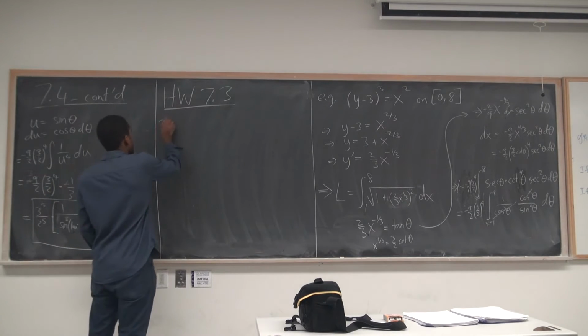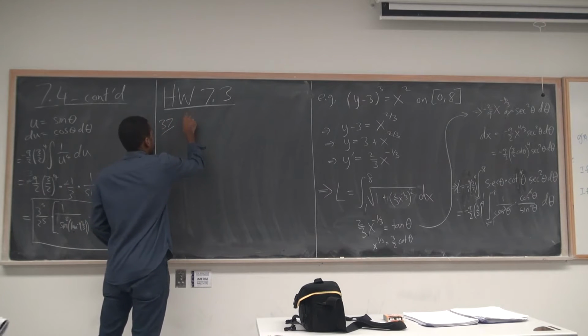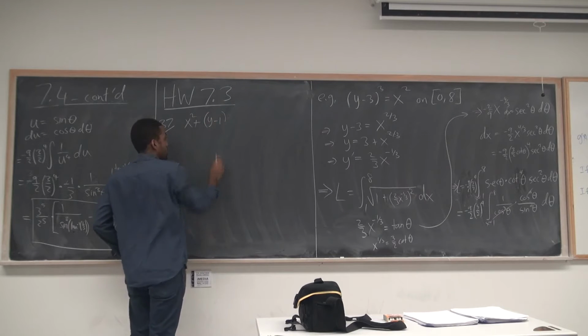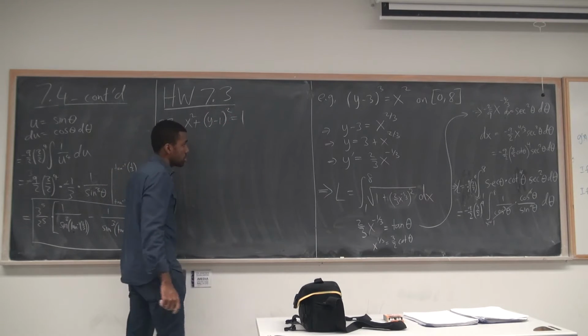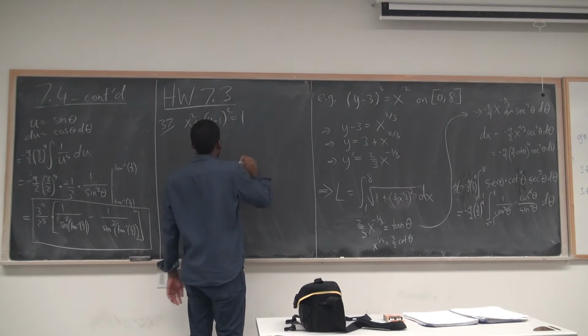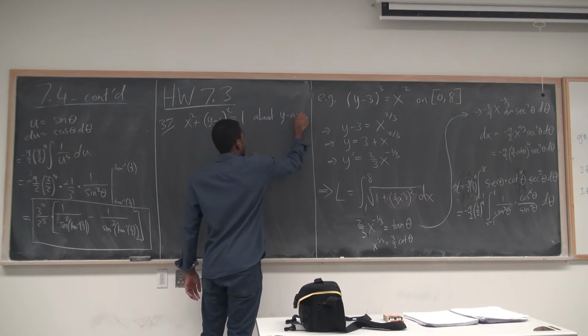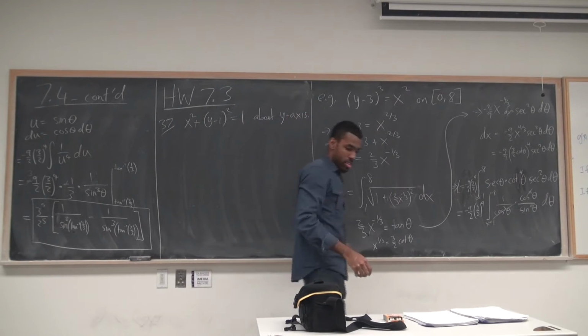It's 37: x squared plus, in parentheses, y minus 1 squared equals 1, about the y-axis. And it says use whatever method.